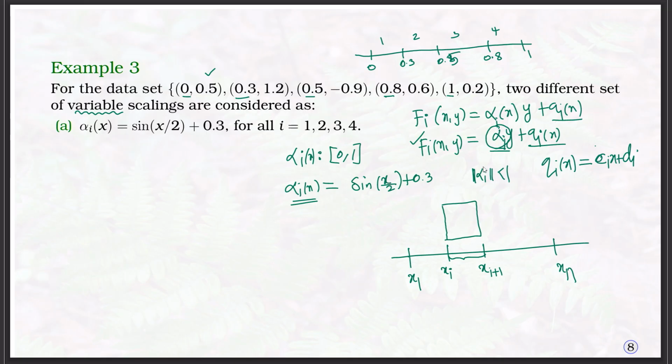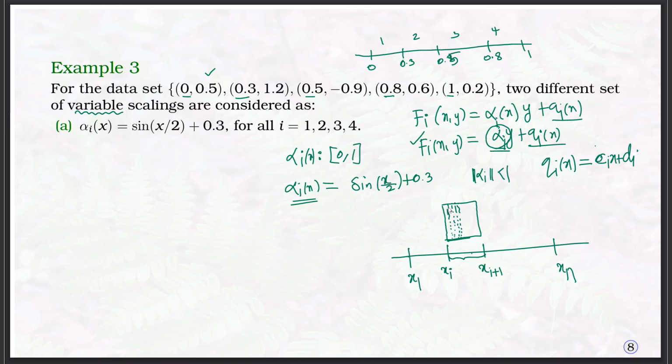For each value of x in this interval, we get a vertical line corresponding to x. If you apply the scaling factor alpha in y, it will control this distance.